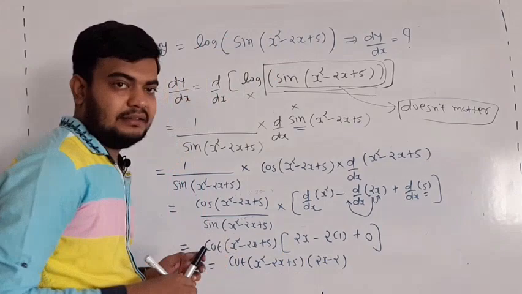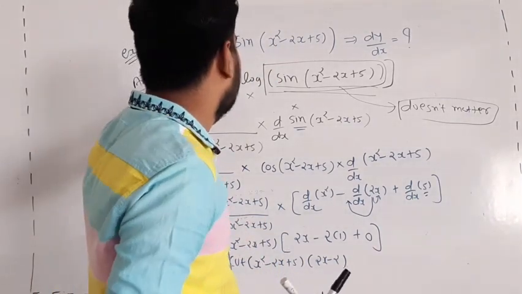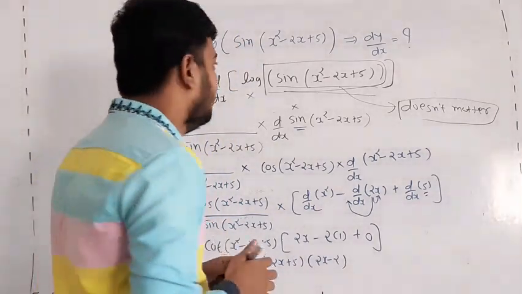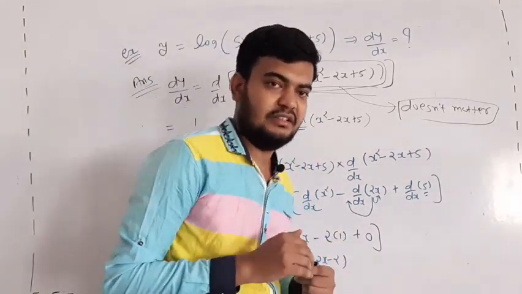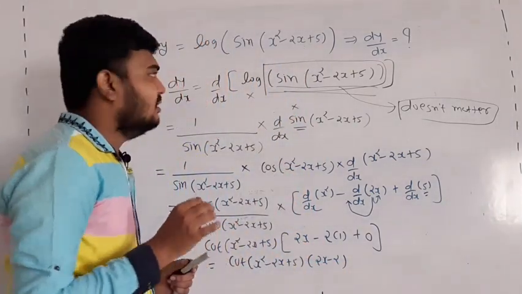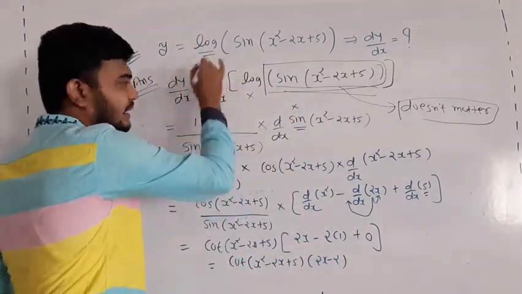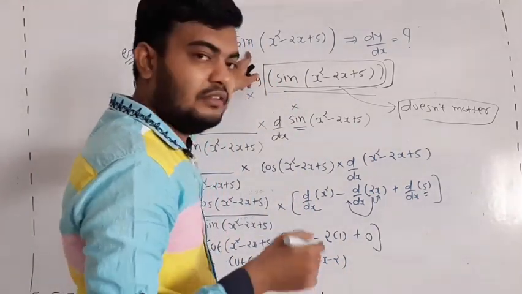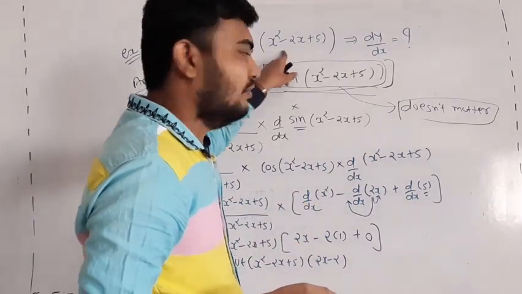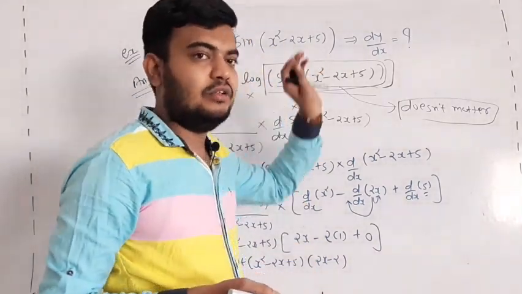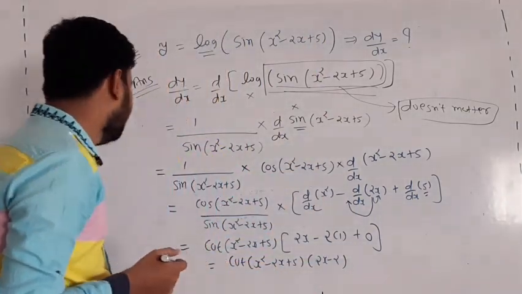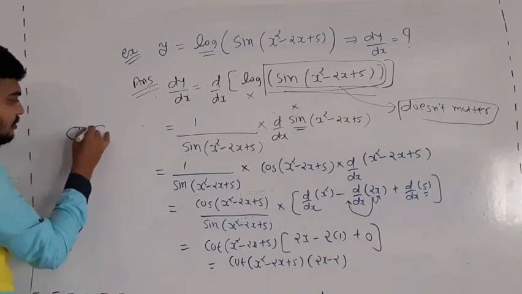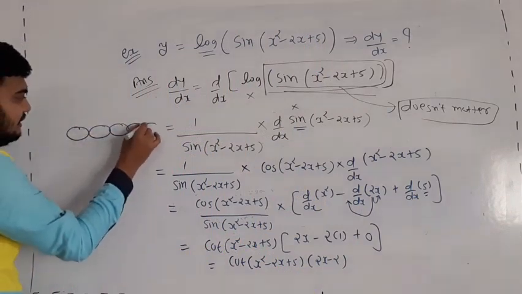So I hope you are getting this topic, and now you are able to differentiate a composite function. Okay beta, just take the differentiation of the outermost function, then the differentiation of the second outermost function, then the third outermost function, and go on. It is known as the chain rule because here we draw one chain. Look, it is the chain.